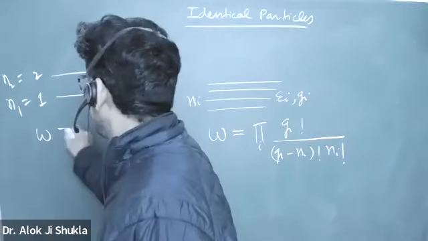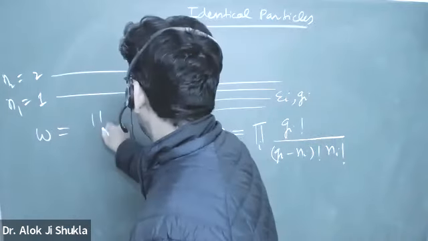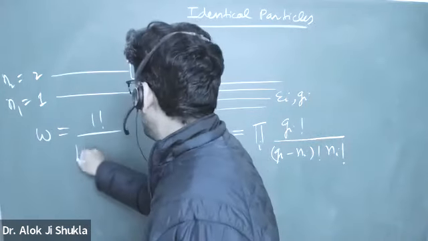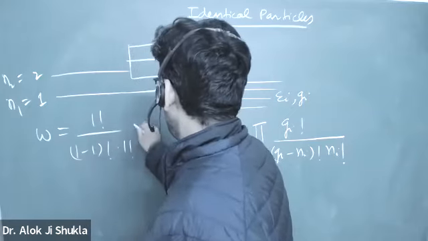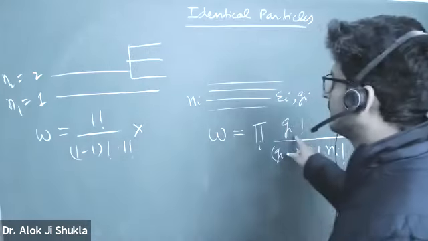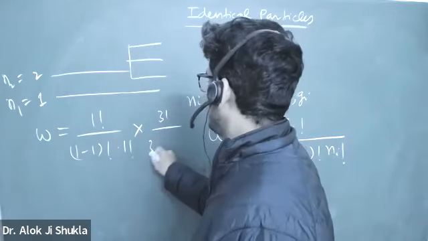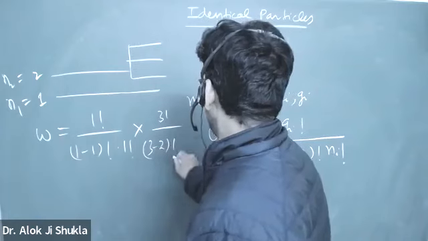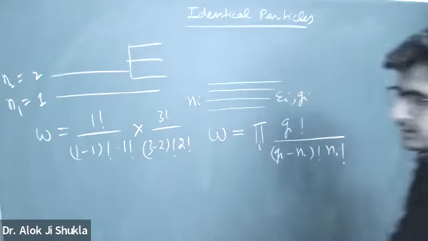So you will write omega is equal to, please see the formula, 1 factorial upon 1 minus 1 factorial into 1 factorial, into 3 factorial upon 3 minus 2 factorial into 2 factorial. So this is the answer. Understood?